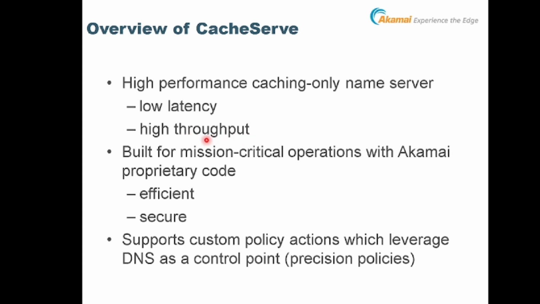So what is high here? Akamai is very reluctant to give absolute numbers, but a single machine with multiple CPUs in use, and when I say multiple, I mean between 8 and 12, we can get close to 1 million queries per second.